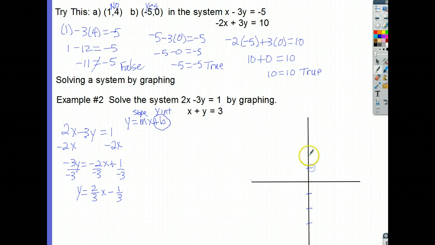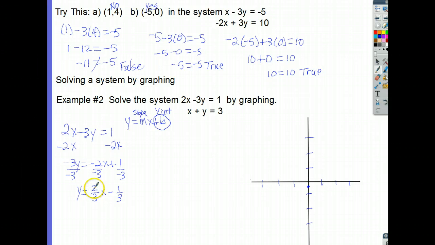Let's go ahead and make these fairly large since I want to be able to find 1/3 on there relatively easy. So you want a big unit if you're going to find a small fraction like 1/3. Okay, so we know that it crosses the y-axis at negative 1/3, so I'm going to say that's about right here. Then I use the slope to find another point.